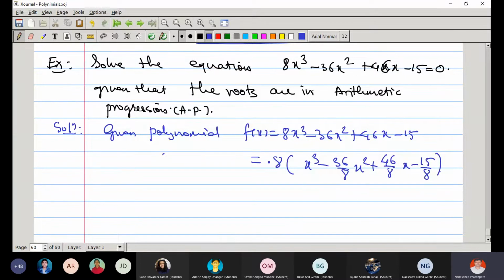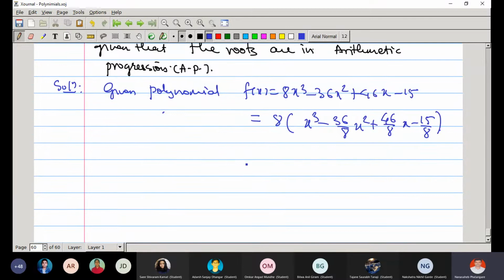So what is it? 8 x cube minus 9 by 2 x square plus 23 by 4 x. Correct? You check whether I am writing correctly. Is it correct? Yes.